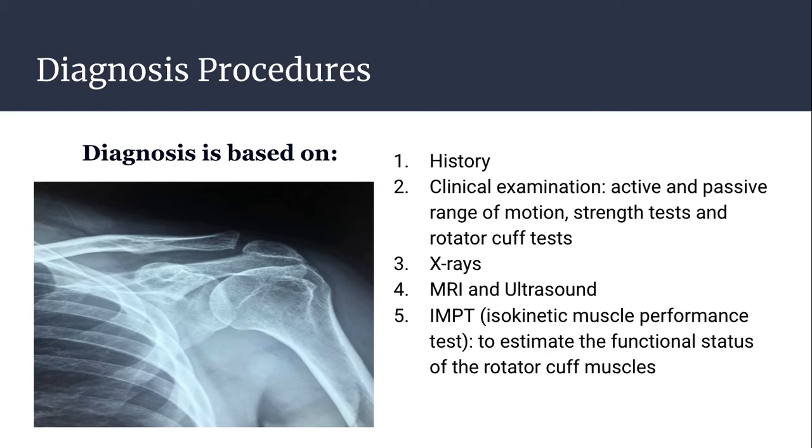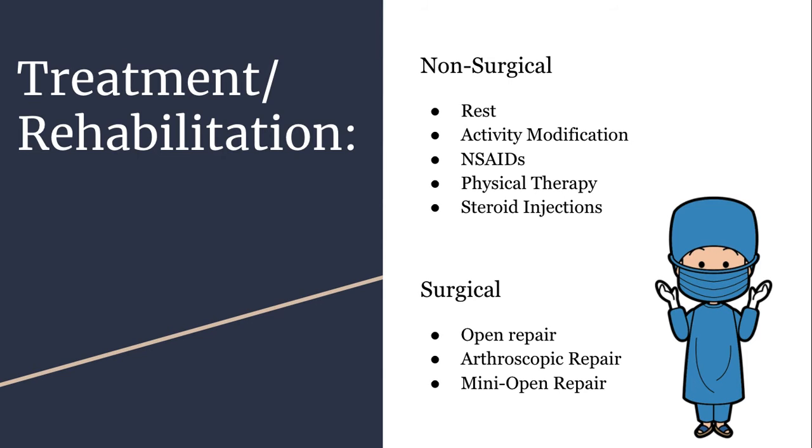So this is why they get the x-rays done to differentiate the injuries. Also, they may perform an IMPT, which is the isokinetic muscle performance test, and that is to estimate the functional status of the rotator cuff muscles.